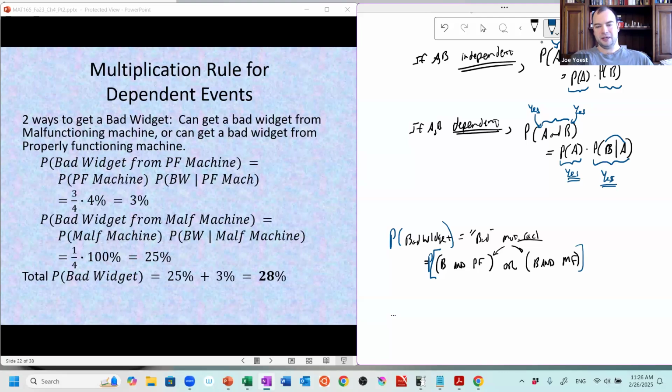Well, I have the probability of A or B, where A and B are mutually exclusive. Well, that's just our addition rule for mutually exclusive events. That's the probability of a widget that is both bad and from a properly functioning machine, plus the probability of a widget that is bad and from a malfunctioning machine.